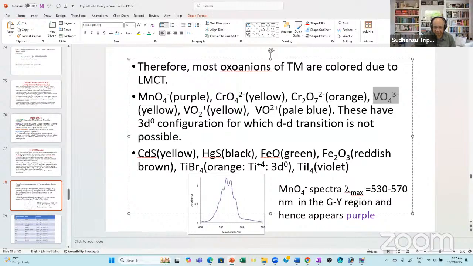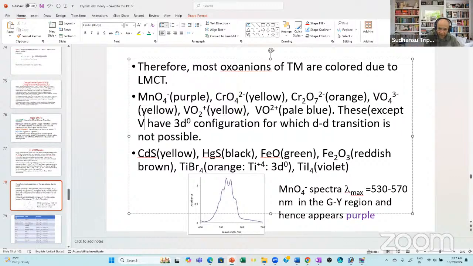Not 5 plus, it is not D0, it is D1, because vanadium is not in plus 5 state, it is in plus 4 state. So this one has one electron, but all others are D0, excepting this. You cannot write something wrong. These except VO2 plus.